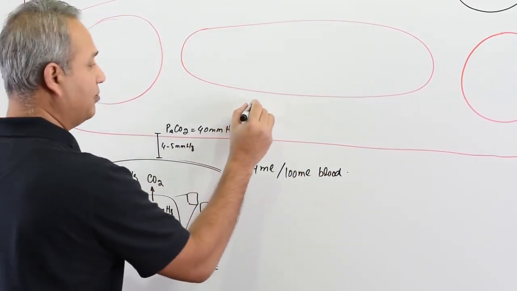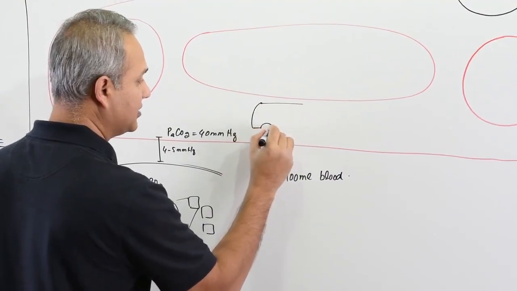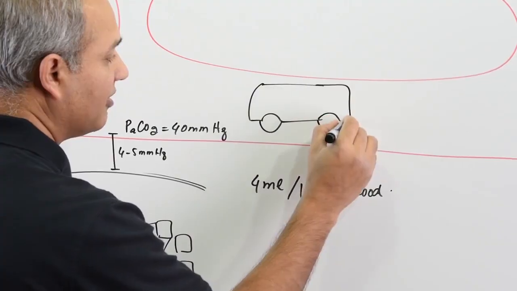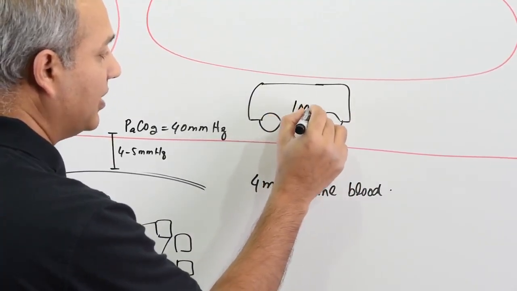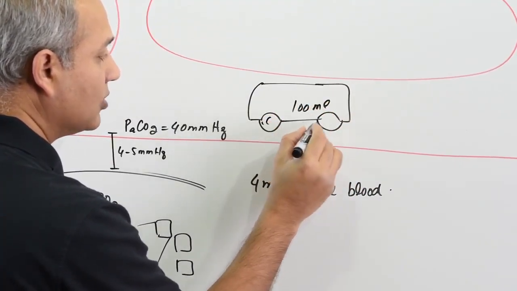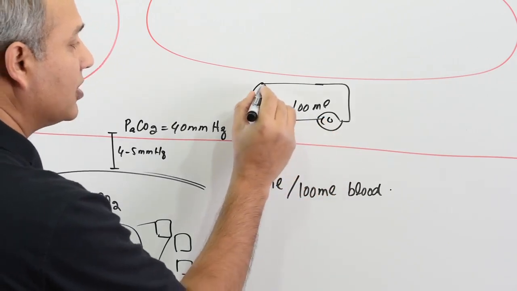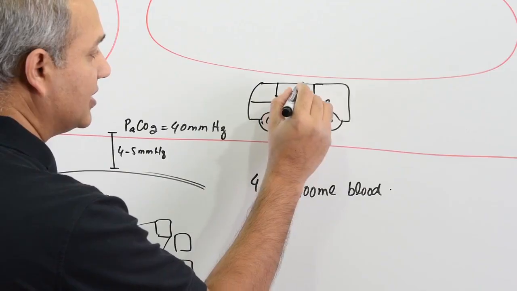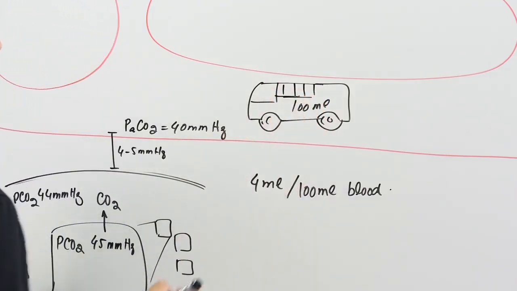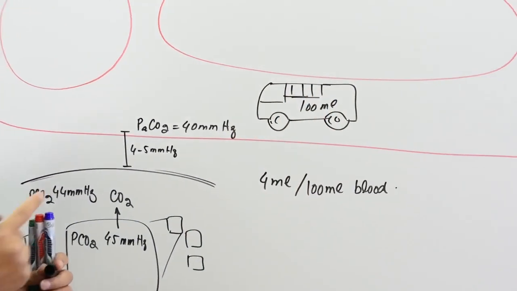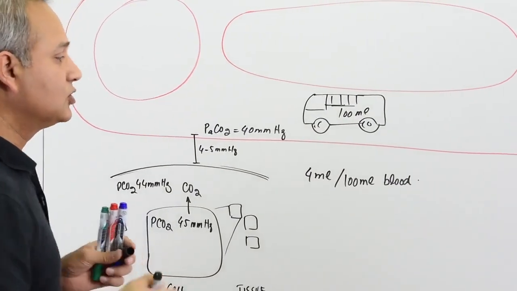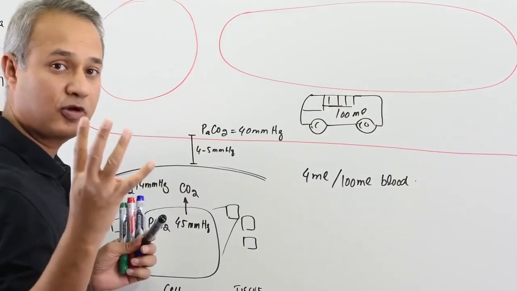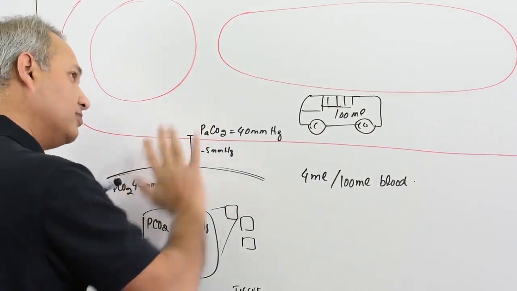If 100 milliliter of blood was a bus, this one bus will carry 4 milliliters of carbon dioxide. How much oxygen does it carry? 20 milliliters.